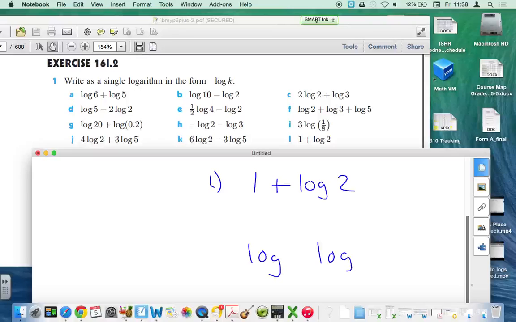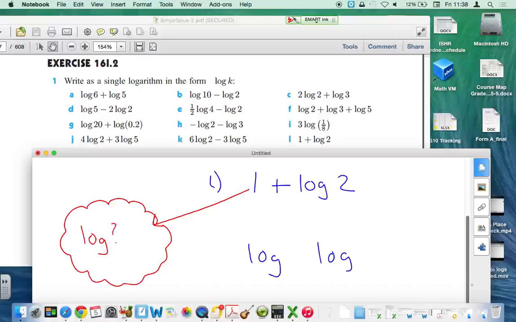So when you get to this question, the tactic is you've got to somehow change that into a log expression. And that's the hardest bit to do. So what you've actually got to do here is a bit of roundabout thinking. You're thinking log something gives you the number 1, and then I can replace that 1 with the log.